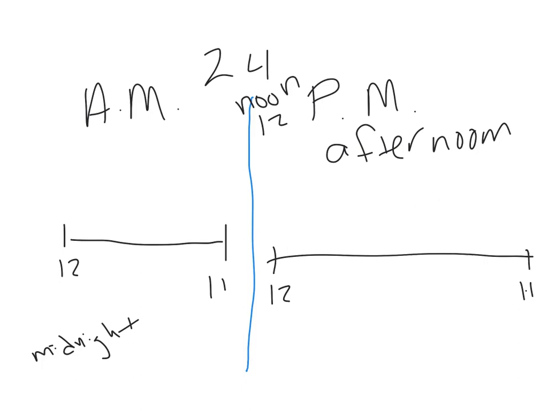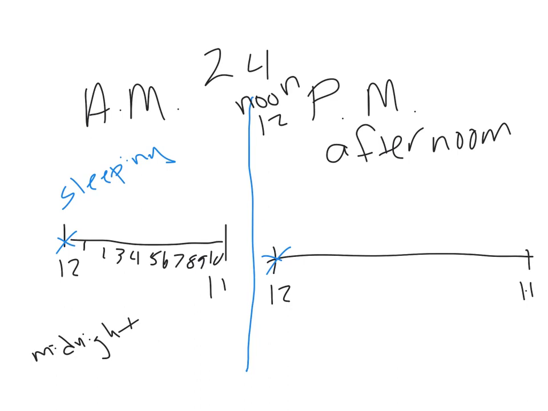Now, if we think about this, we have different activities that we do at these times in the day. They're split up evenly because they all have a 1 and a 2 and a 3 and a 4 and a 5 and a 6 and a 7 and an 8 and a 9 and a 10 in there. And when we add them both together, it makes 24 hours. Well, what I would do at 12 o'clock at night is completely different than what I would do at 12 o'clock in the afternoon. 12 o'clock at night, I'm going to be sleeping.